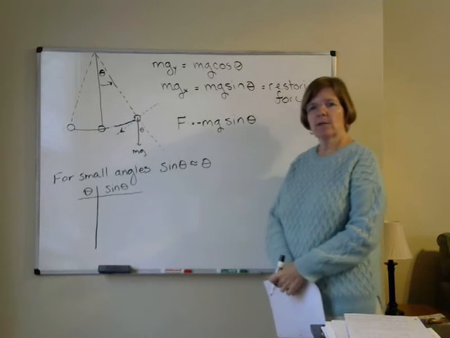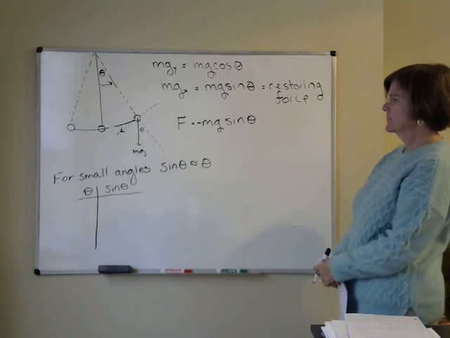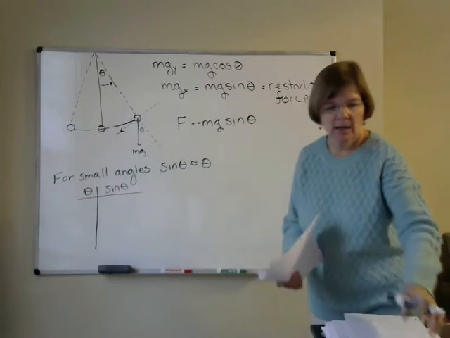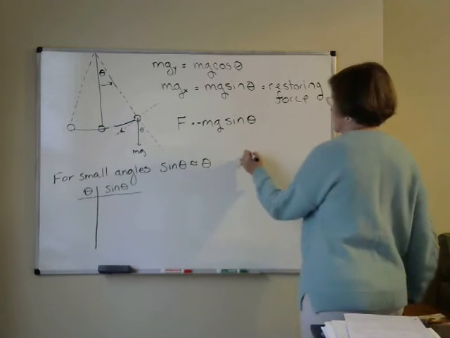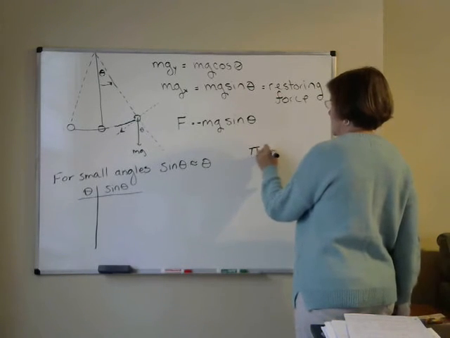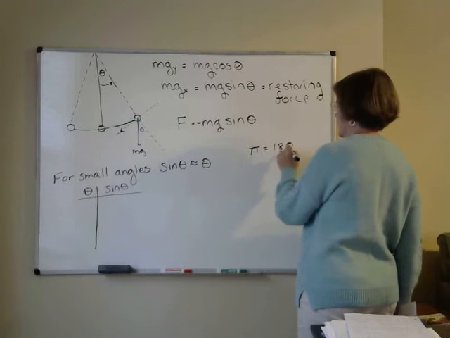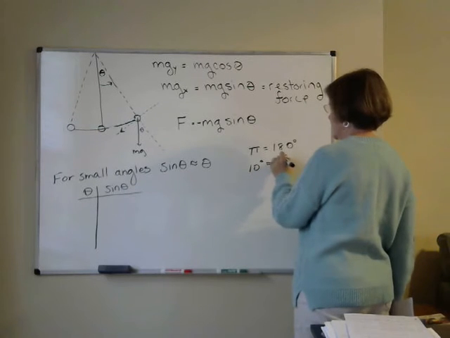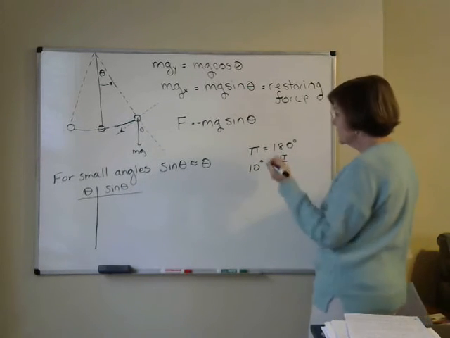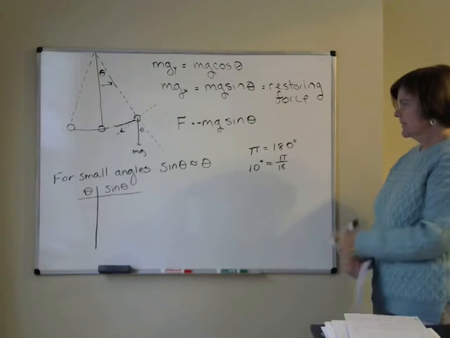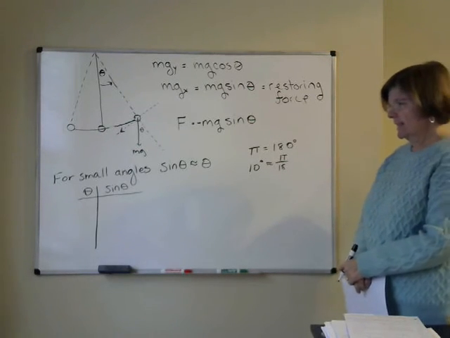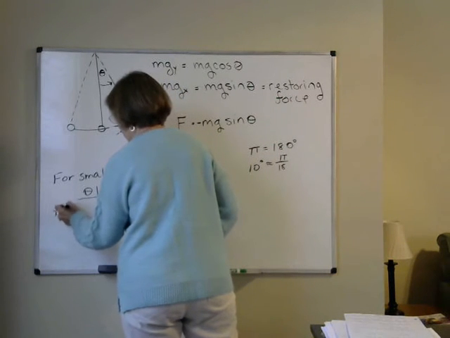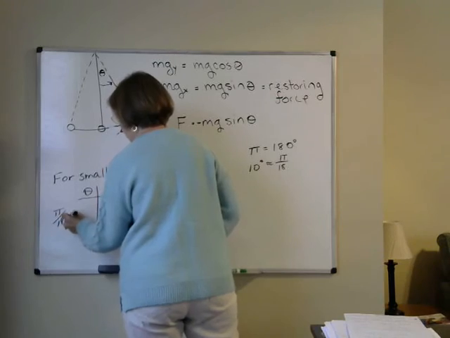10 degrees is what? Pi equals 180 degrees. So 10 degrees is like pi over 18. We could start with 5 degrees if you wanted to, but that's fine. 10 degrees, about pi over 18. So if theta is pi over 18, well, I want to get this as a decimal.